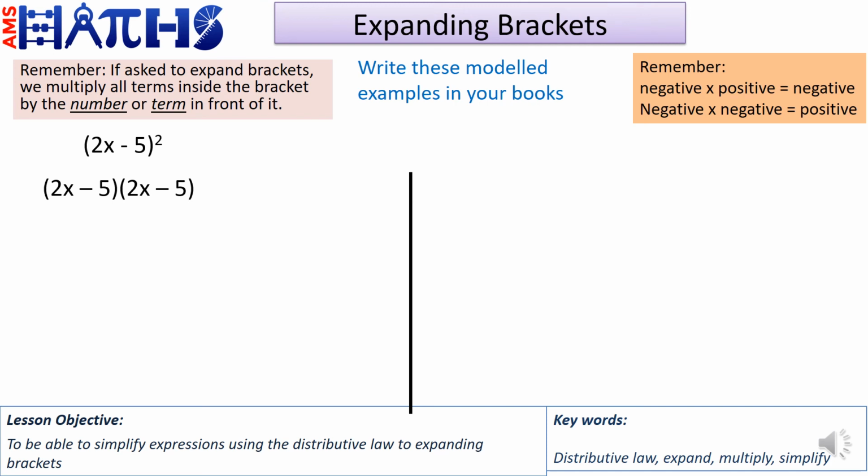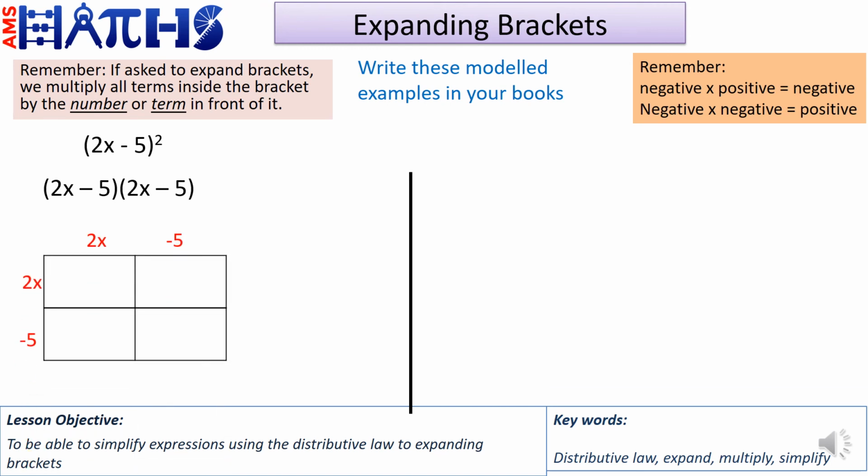So again, because we're multiplying the brackets by each other, we set up our grid and we write the terms around the grid. All we need to do is now multiply. So when we multiply the numbers in the grid, we should get 4x squared, minus 10x, minus 10x, and positive 25.